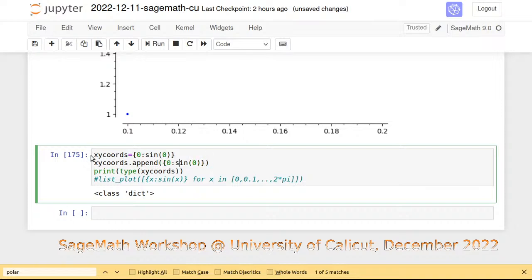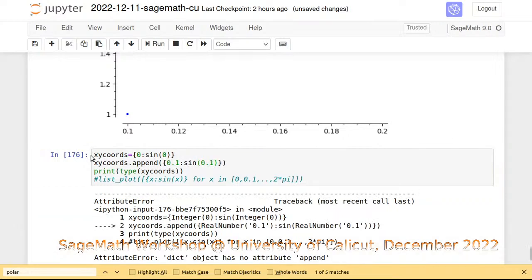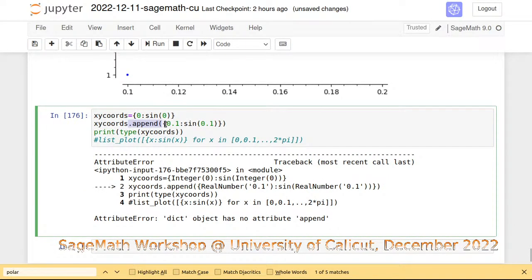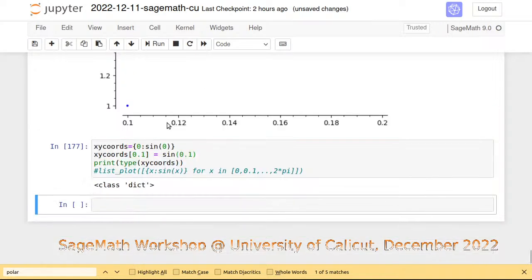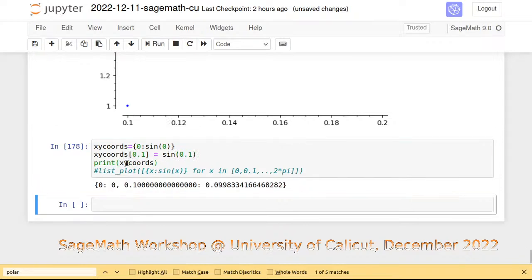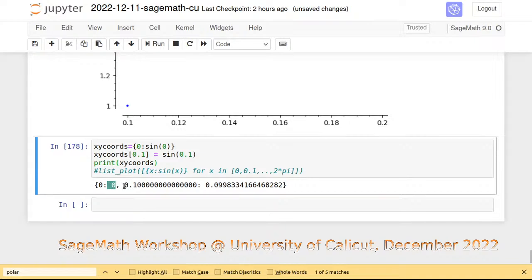So what is the next value? 0.1. Or otherwise I will just take this value and try to put it as this. Will it work? That seems to be working. 0.1 corresponds to, okay, that seems to be working.